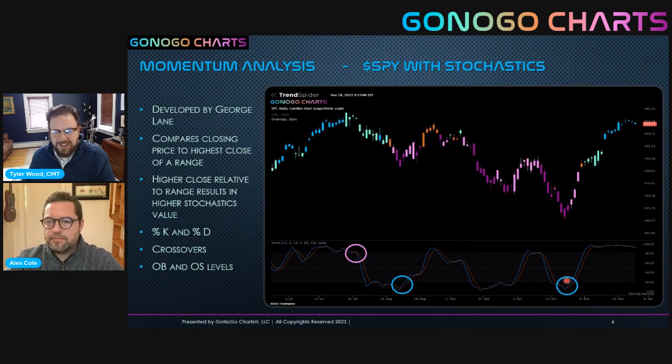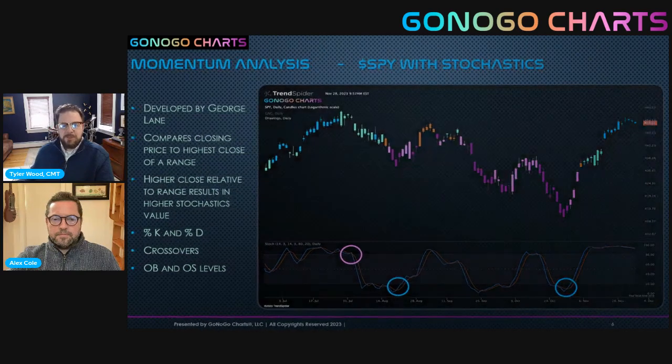We see that percent K crossover percent D, same crossover back here, but it's in overbought territory as described by the stochastic oscillator. So do you take those if you're a trend follower and looking to buy high momentum securities? Maybe yes. If you're more of the mean reversion disposition, perhaps no. Again, introducing some subjectivity and a change in how you might code up those rules.